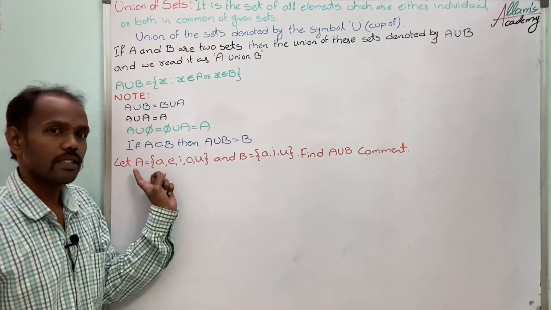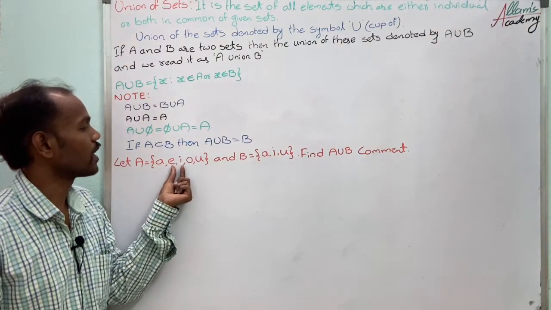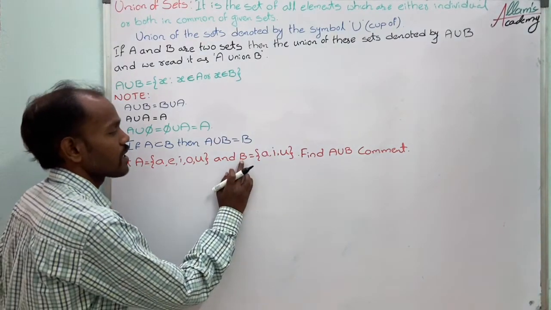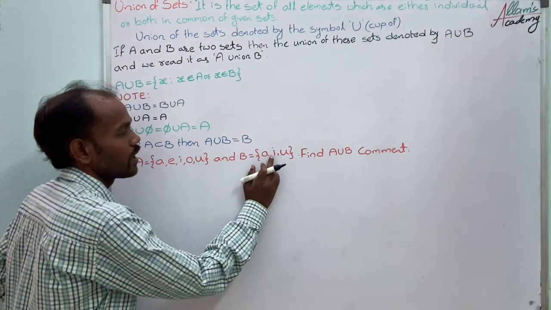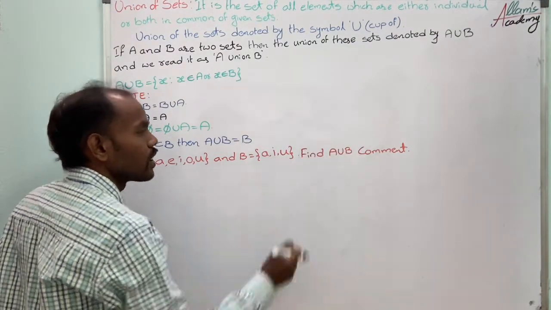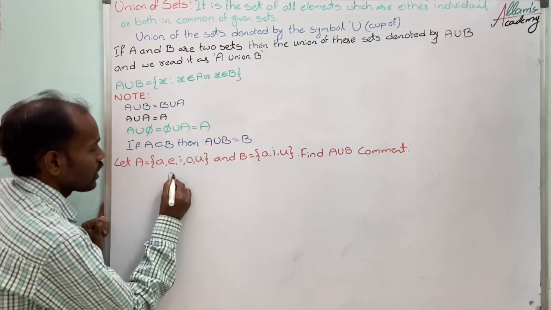Now here we see another problem. The set A equal to {A, E, I, O, U} elements are contained, and the second set B contains the elements A, I, U. Then find A union B and comment on it. Now what are the given sets?